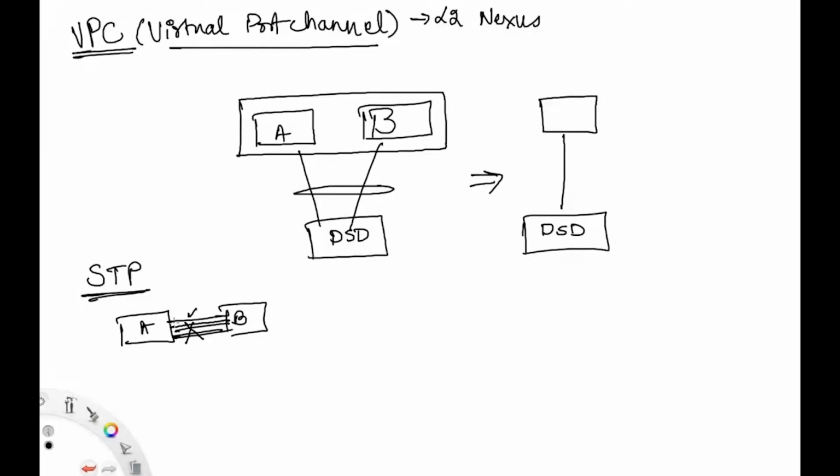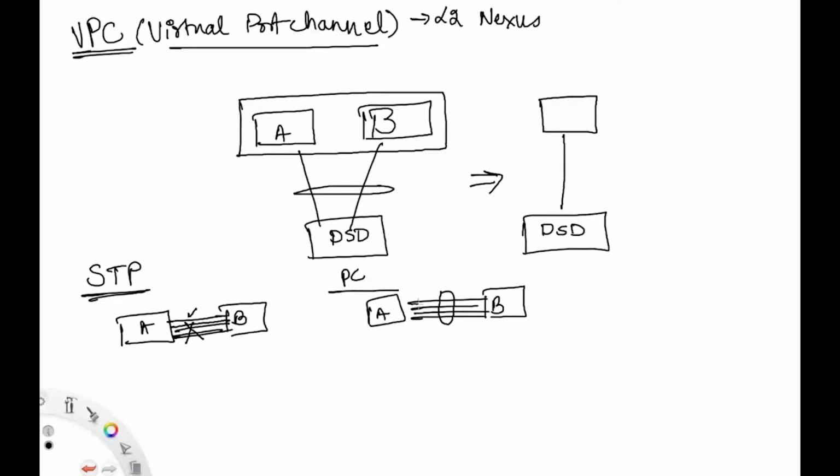So the disadvantage over here is that definitely you're not going to be utilizing all of the available bandwidth, right? So this is where port channeling or ether channel came into picture, where however many links were there between two devices, you could aggregate them into a port channel, where that port channel would logically appear as a single link.